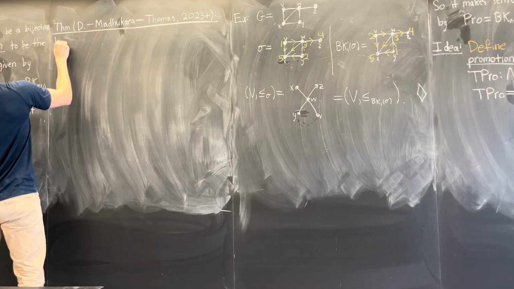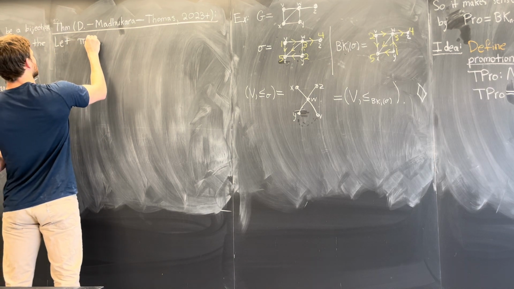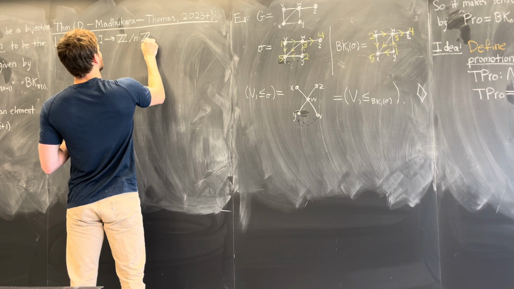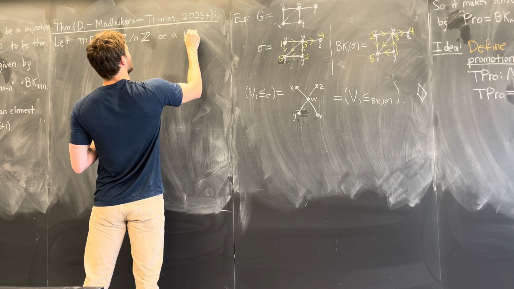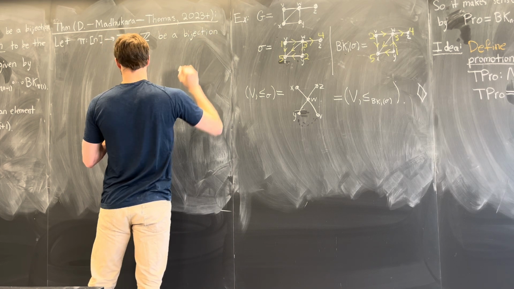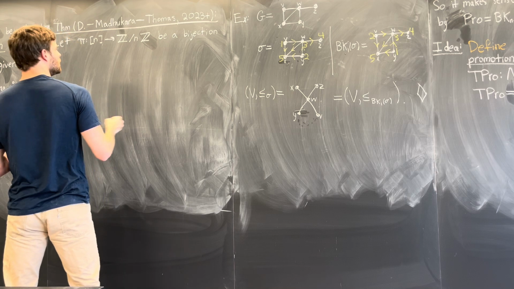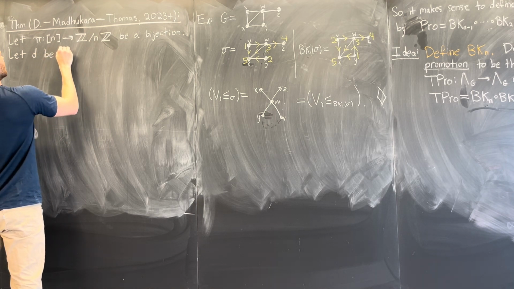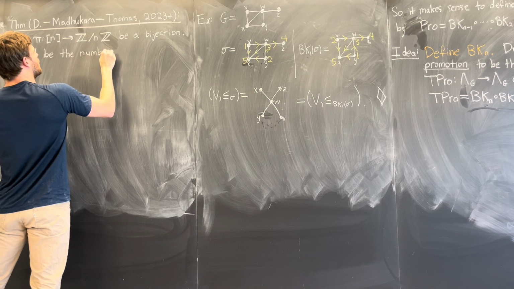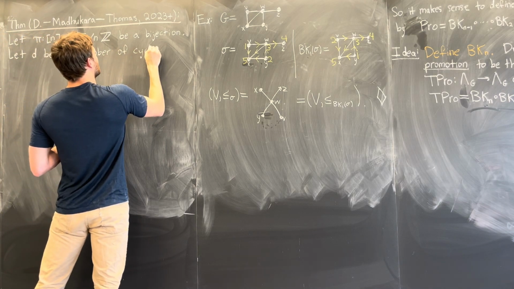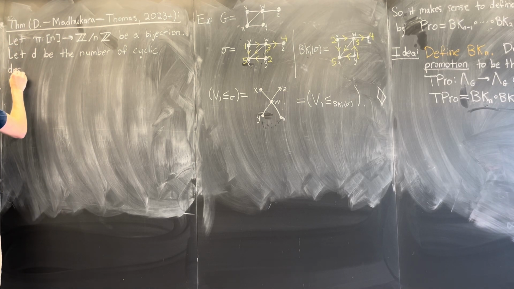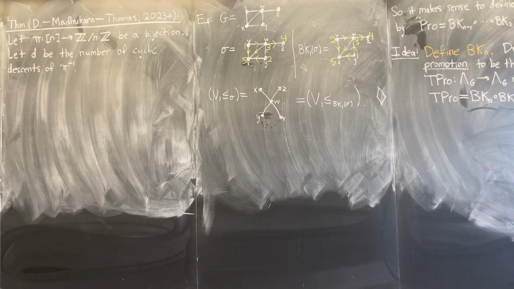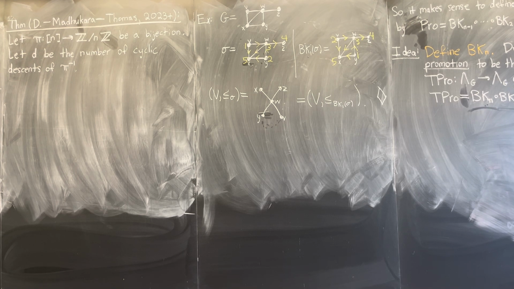Okay, so as before, I'll let pi from bracket n to Z mod nZ be a bijection, and let D be the number of cyclic descents of pi inverse. Actually, maybe I should say how you should think about the cyclic descents.